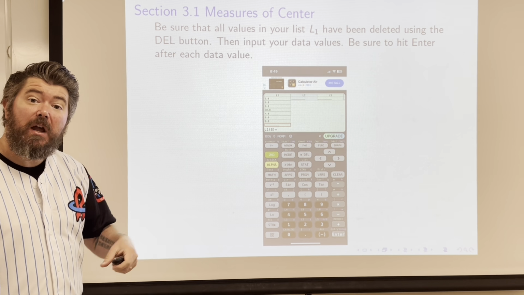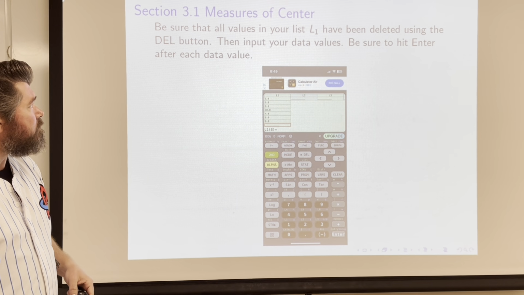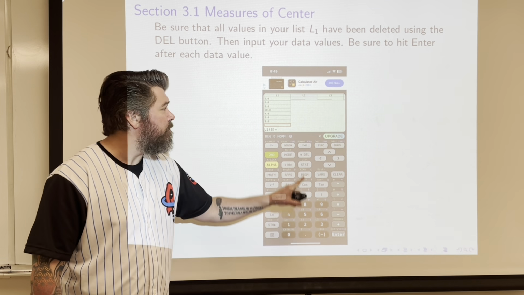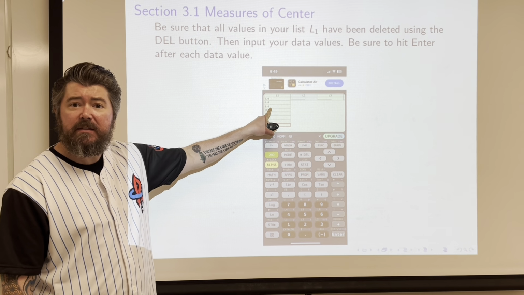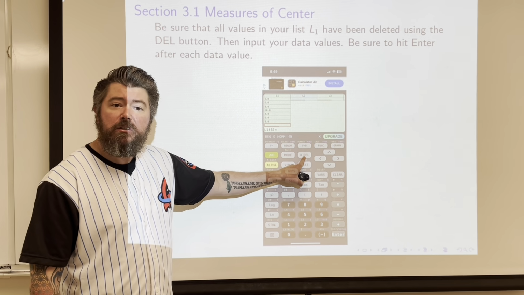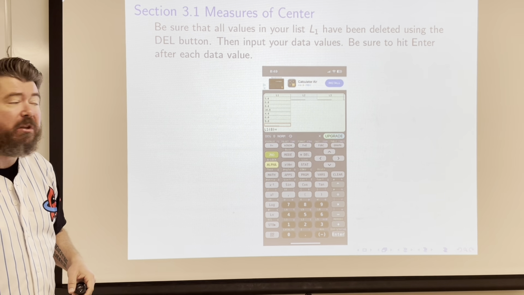These are coming directly from our data set given in the problem. When we input it, we want to click enter after each one so that it stays in our row. And if you mess up, you can use the delete button to remove that value from the list.